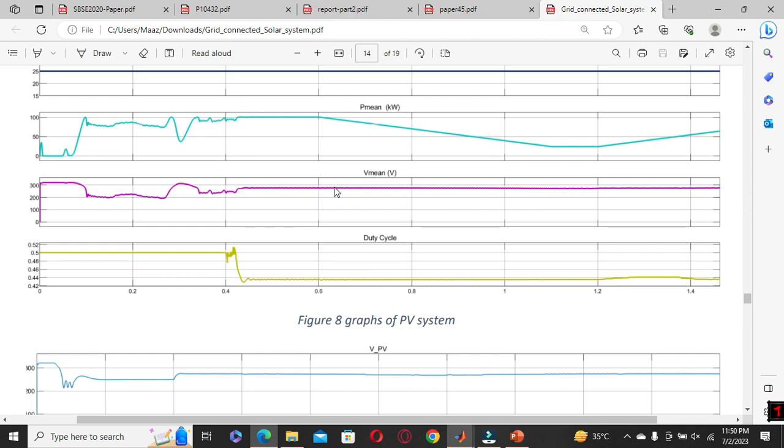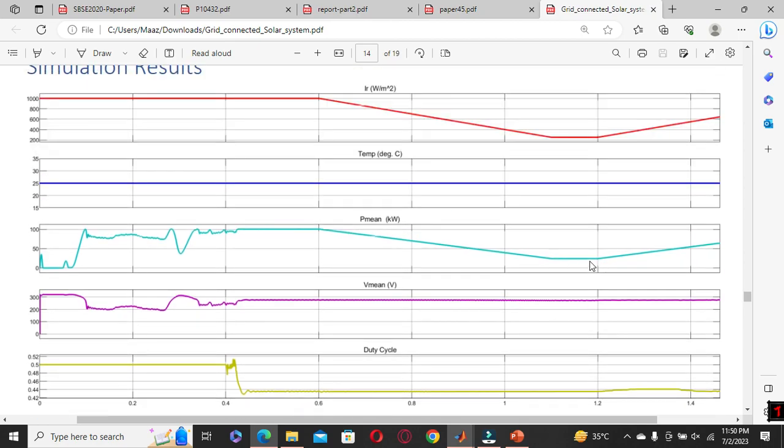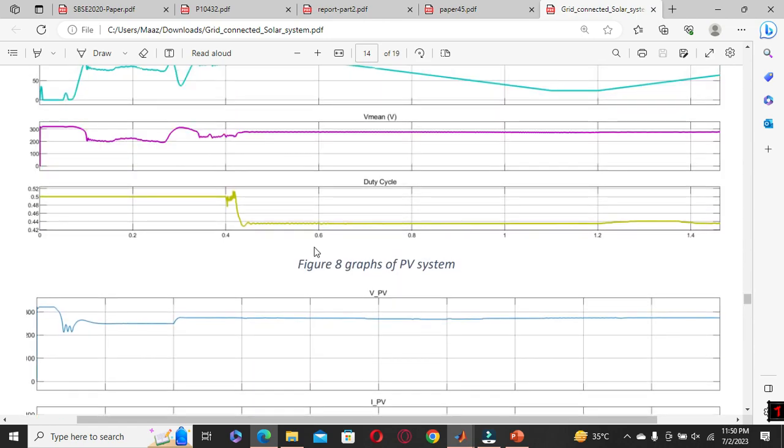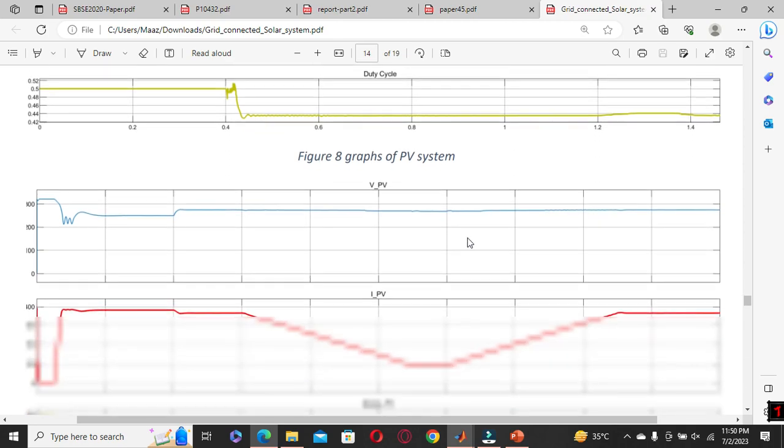If you can see that our mean power is the same, what does it mean? It means that our MPPT controller is working fine. It tries to keep the voltage level at the maximum level, even with the low irradiance level. So also the duty level, you can say the same.